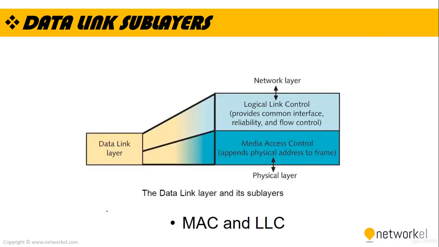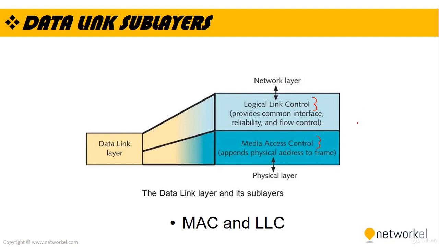The data link layer functionality is usually split into two logical sub-layers. As you can see, we have logical link control and media access control. The upper sublayer, termed as LLC, logical link control, interacts with the network layer above, and the lower sublayer, termed as MAC, media access control, is the one that interacts with the physical layer below.